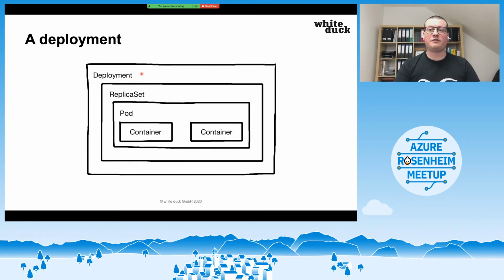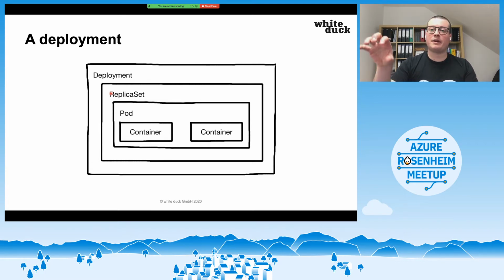So let's think about your 5 instances running in your cluster and you would like to update your application. So you would like to roll out a new container image version, a new tag. You change your deployment definition, provide a new tag, and apply this to your Kubernetes cluster. The deployment will make sure that another replica set is created next to the replica set already running in our Kubernetes cluster.